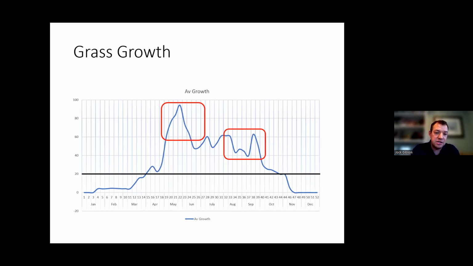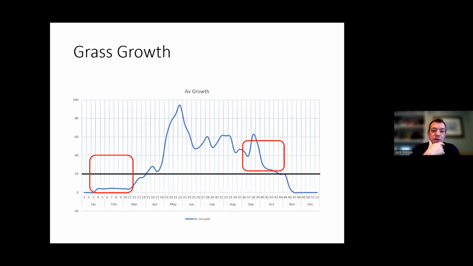And that silage growth will cover one part, usually the beginning of the year. And then where we've got the later summer and autumn surplus, what we're doing is we're deferring that grass so that we can graze it further into the winter.